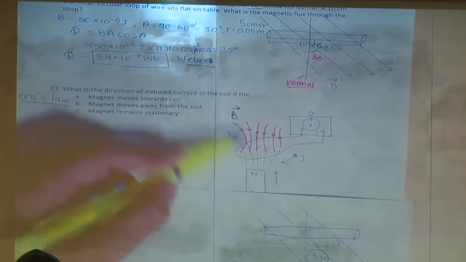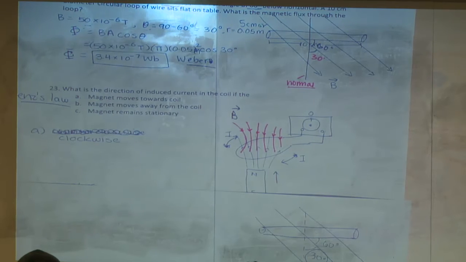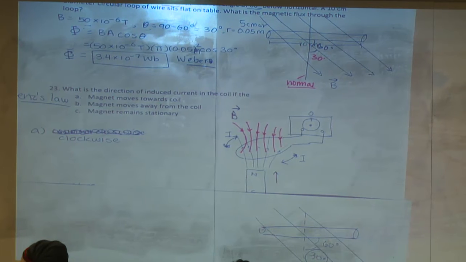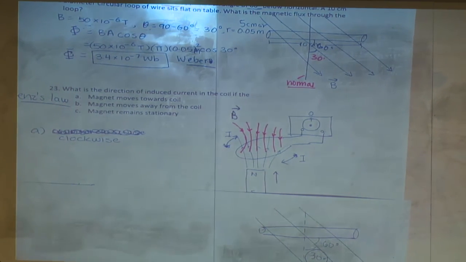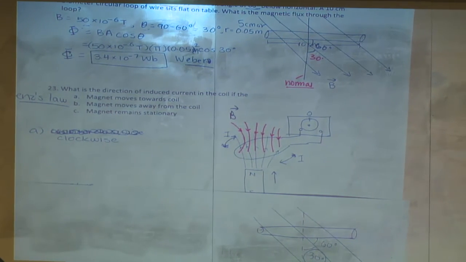Since they're in the opposite direction, if we use the right-hand rule, you would find that the current is moving in the clockwise direction. If we use the right-hand rule, it's going down, so that means that the current has to go this way.